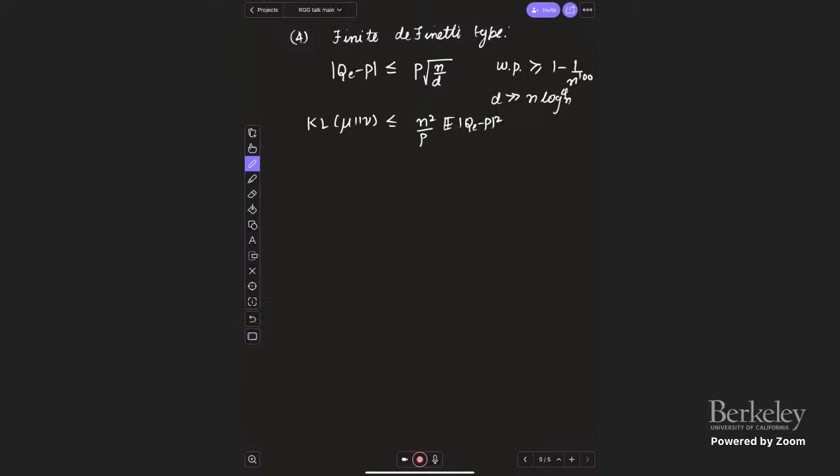Since this low probability set is very, very small, as any arbitrary inverse polynomial, we can just write this as less than or equal to n squared over P times P squared times n over D, which is equal to n cubed P over D. Therefore, D much larger than n cubed P implies convergence.